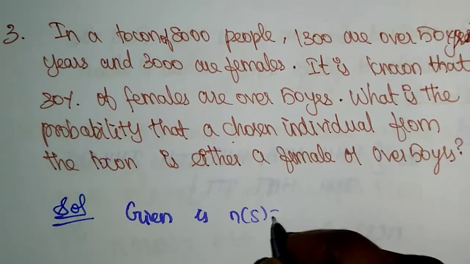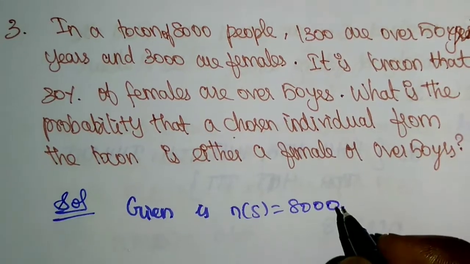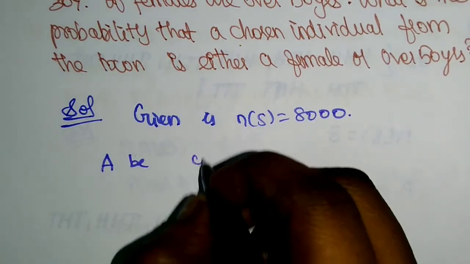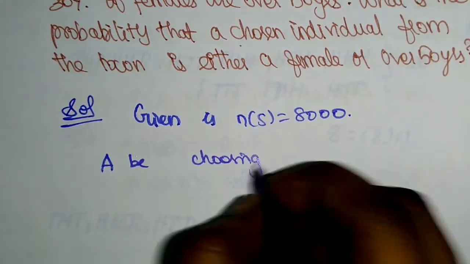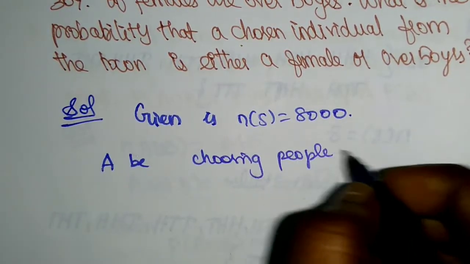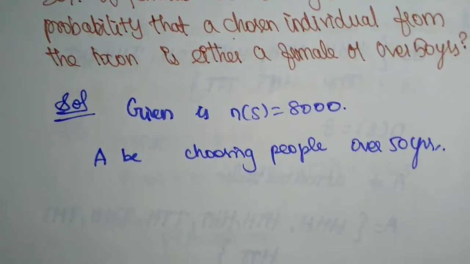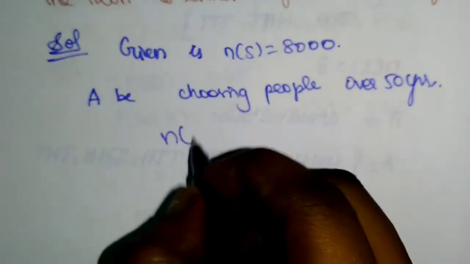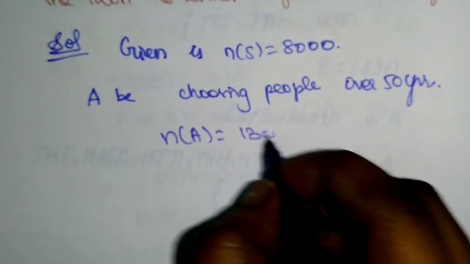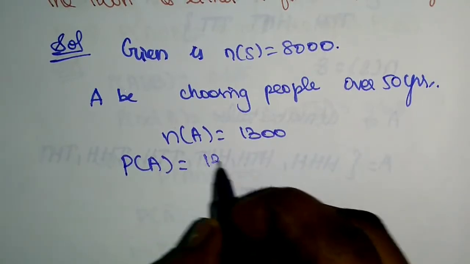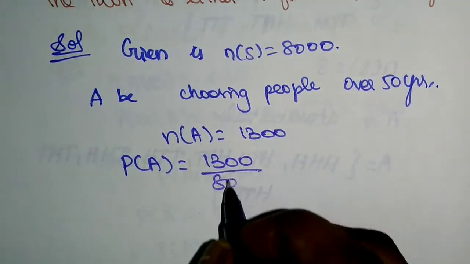Here given is n of S is equal to 8,000. Let A be choosing people over 50 years. So n of A is equal to 1,300, so P of A is equal to 1,300 divided by 8,000.